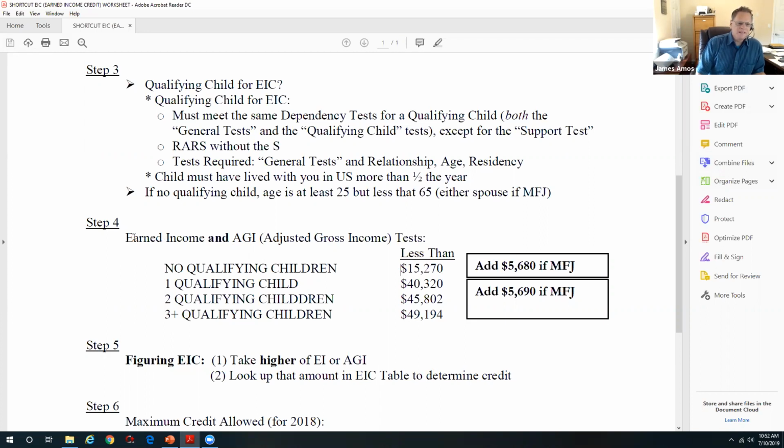But they may test whether you know which information to pull off the tax return for earned income versus AGI. You're going to have to do both. Do your earned income first, see if they qualify, then do your AGI and see if they qualify. Don't forget to do both of those. So far, so good?